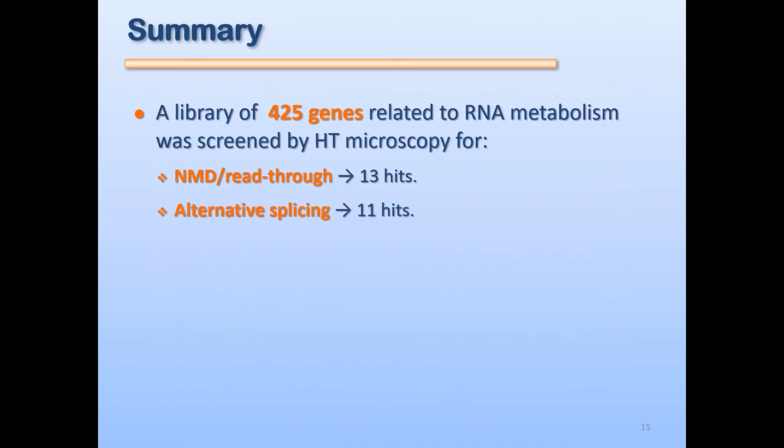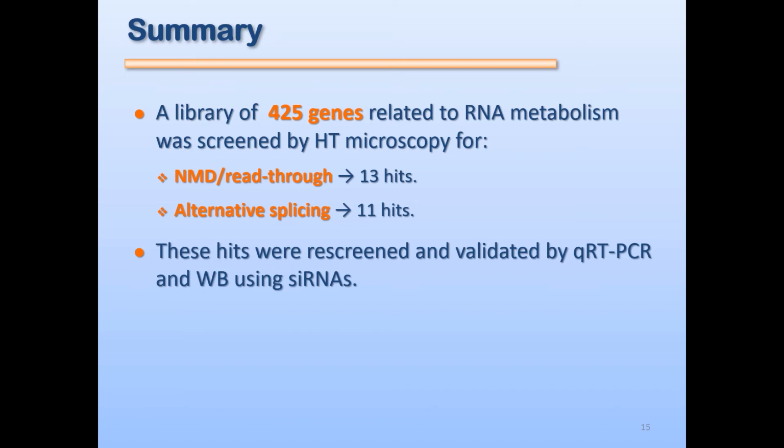So, in summary of what I've shown, a library of 425 genes related to RNA metabolism was screened by high-throughput microscopy. For NMD, 13 genes, and for alternative splicing, which I did not show, 11 genes.